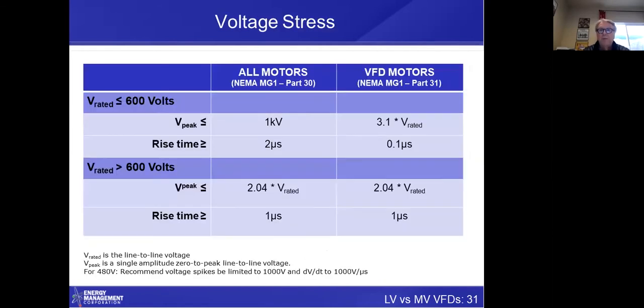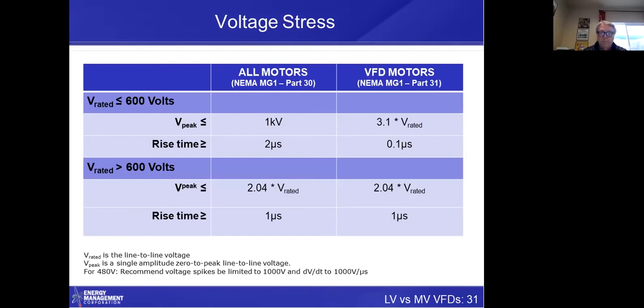That has prompted the motor suppliers, who are part of the National Electrical Manufacturers Association, to publish a standard, MG1. Of course, MG1 was in effect long before VFDs came into effect, but they had motors and they had 1,000 volt insulation.